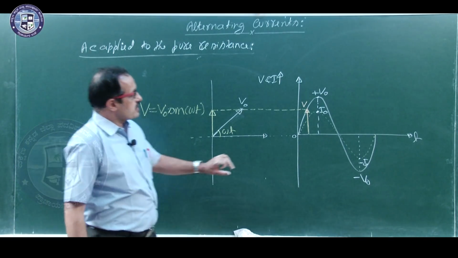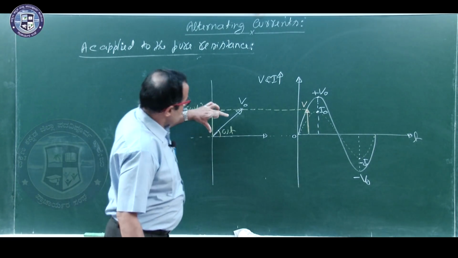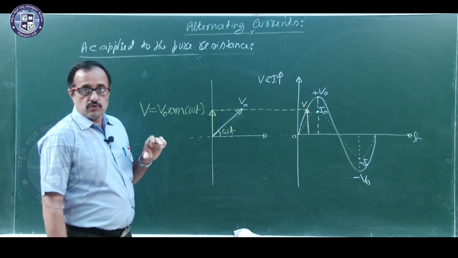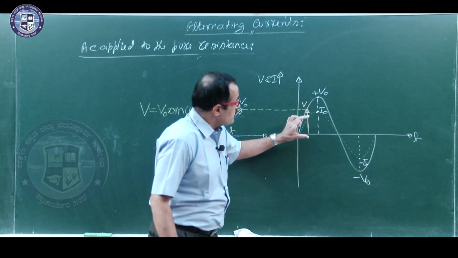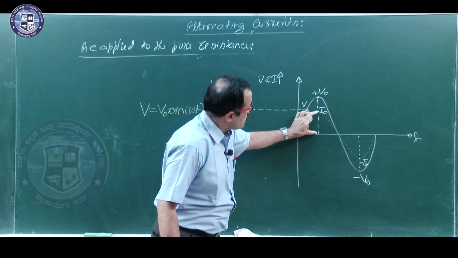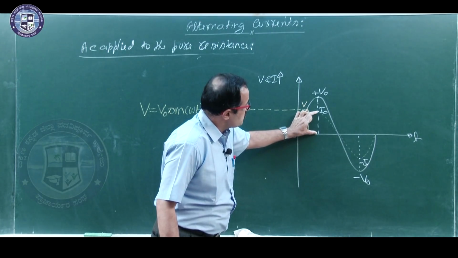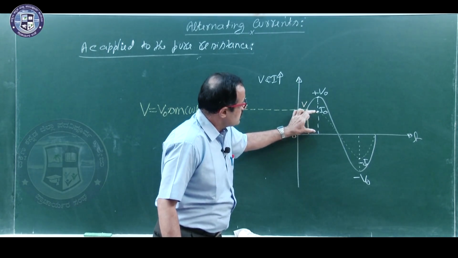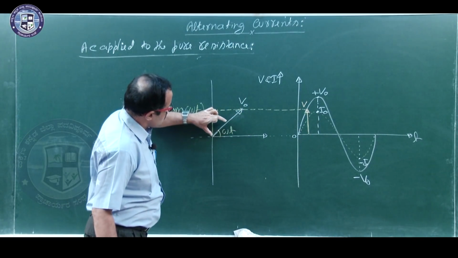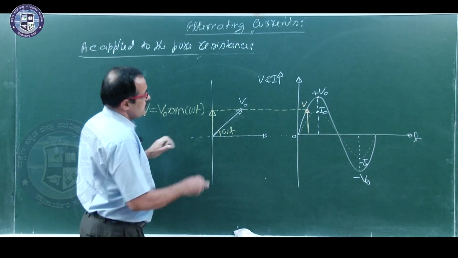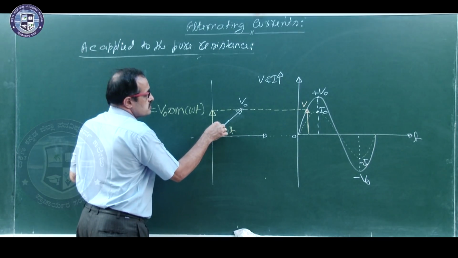Now, I want to represent current also. So, it is a Phasor drawing. What is the magnitude? Magnitude is nothing but I naught. So, you take this as I naught, just measure it roughly, take it to this drawing. So, this is now I naught.